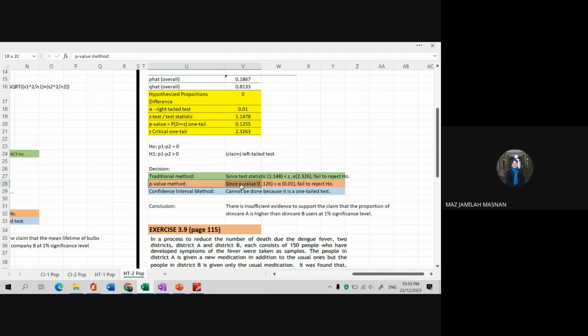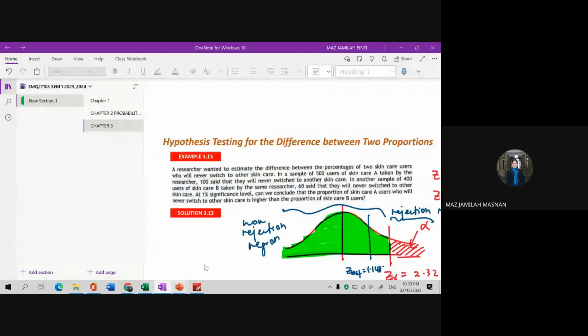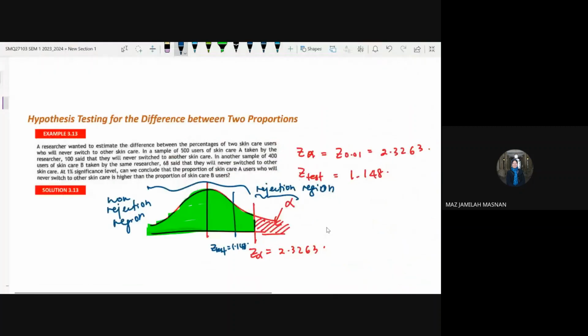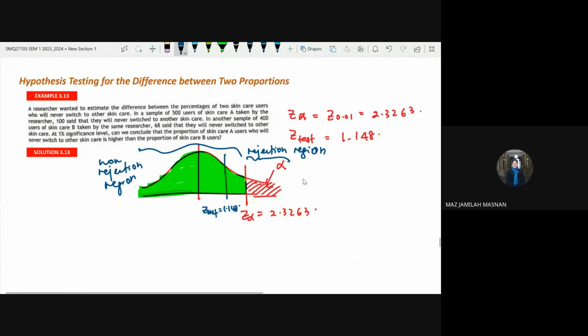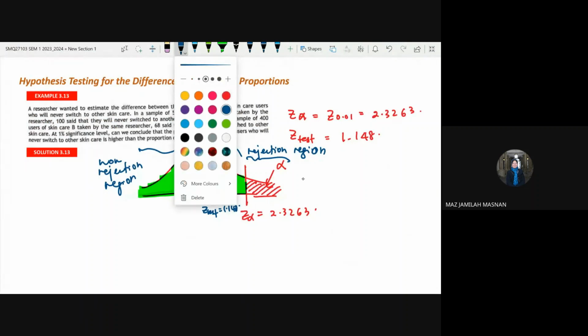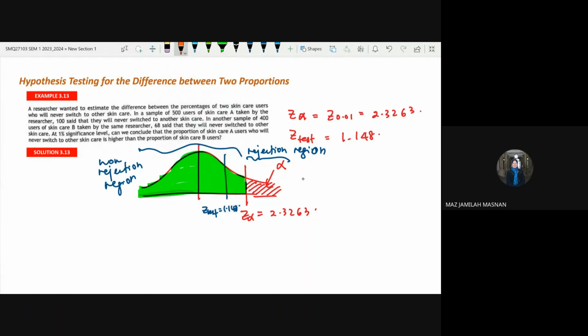If you are using the p-value, we compare the alpha with the p-value. Which one is smaller? In this case, p-value is greater than alpha, so we fail to reject the null hypothesis. If you go back to the discussion just now, where is the p-value? Let me take the orange one.